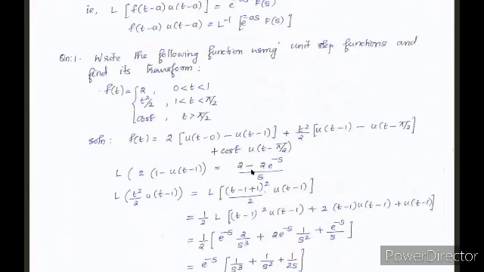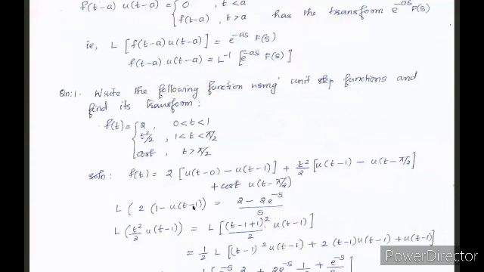Hereafter we are going to use the second shifting theorem. Now u of t minus 0 is equal to 1, and minus u of t minus 1, Laplace transform of this function. Now Laplace transform of 2 into 1 is equal to 2 into Laplace transform of 1, which is equal to 1 by s, 2 by s, minus Laplace transform of u of t minus 1.